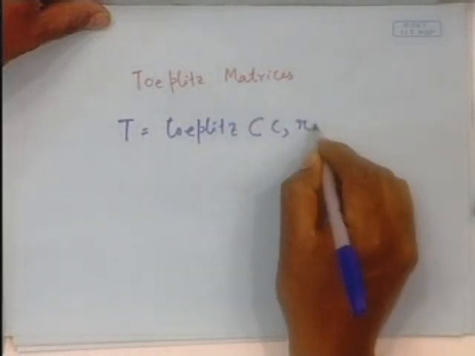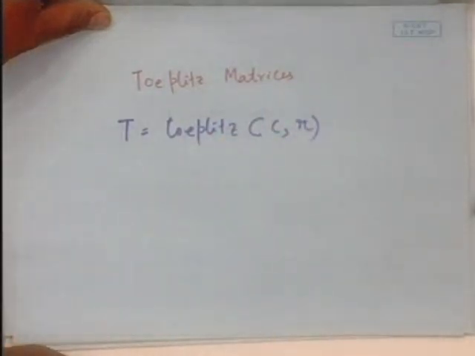C and R. Again, C is a column vector and R is a row vector. It will give you a non-symmetric Toeplitz matrix. Generally, a Toeplitz matrix is symmetric, but if you write C and R like this, it will give you a non-symmetric Toeplitz matrix.